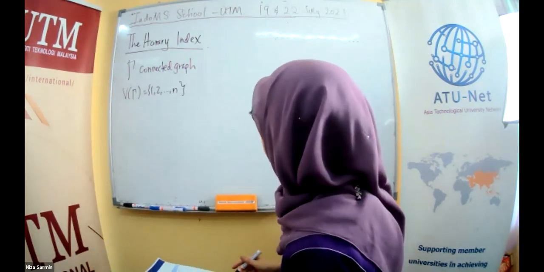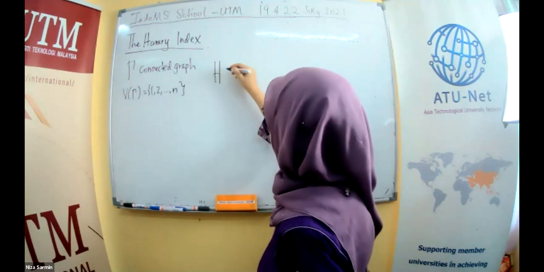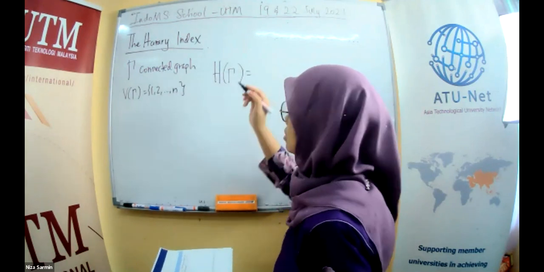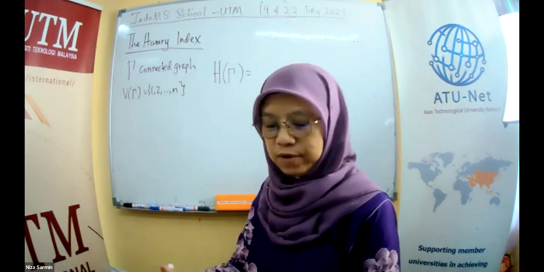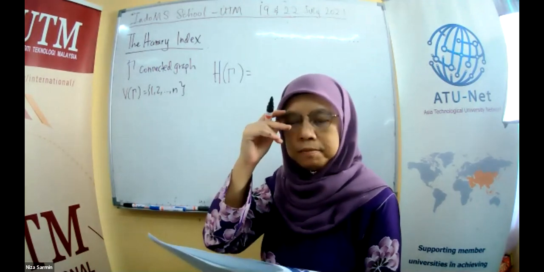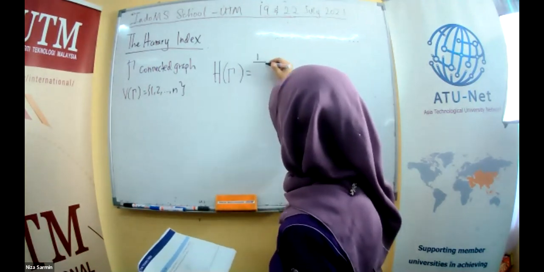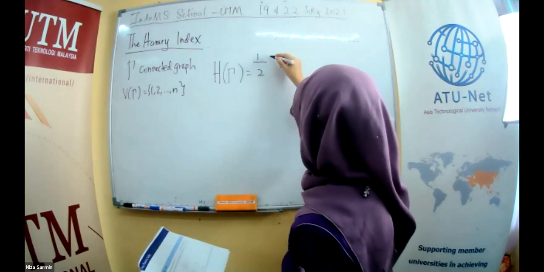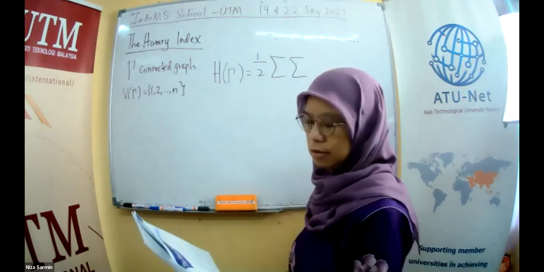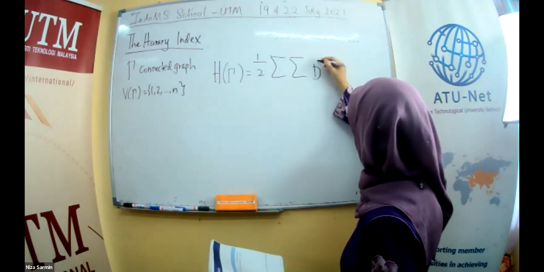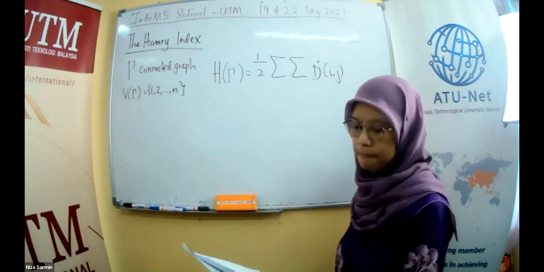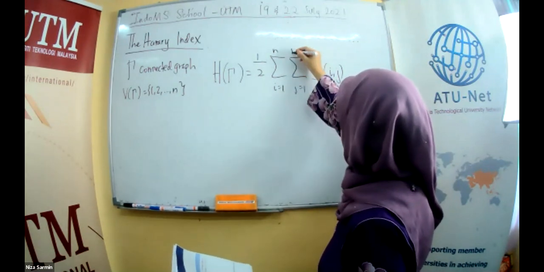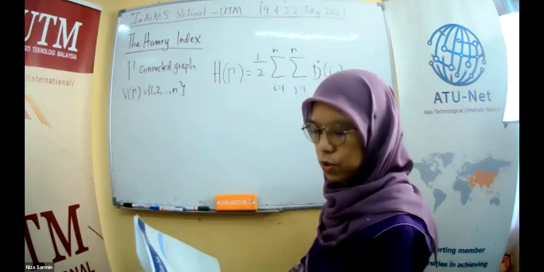Okay, so the Harari index H, or you can write the Harari index of a graph gamma, but sometimes people just put H. It's a half sum of the sum elements, of d to the rij, again with the indices from 1 to n.